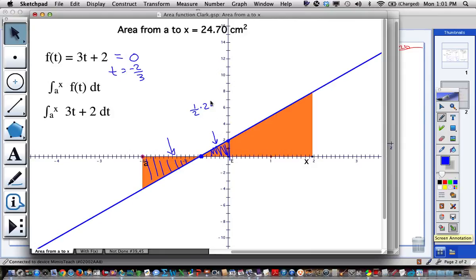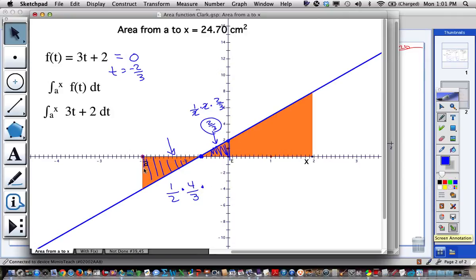So this is going to be half the base times the height, so that would be 1/2, 2, those would cancel, so that's 2/3 right there. And then this area would be 1/2 times, how much would this be over here to -2? 1 1/3, right? Because we got 2/3 to there, so 1 1/3, that's 4/3.